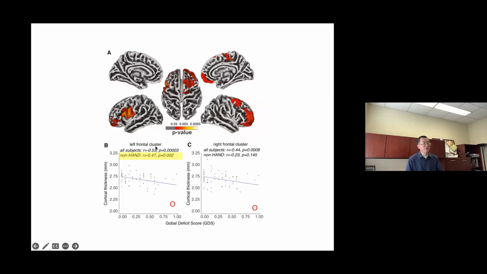This is after correction for age, education, and other demographic factors, suggesting that frontal injury plays an important role during the early or milder stages of HAND.